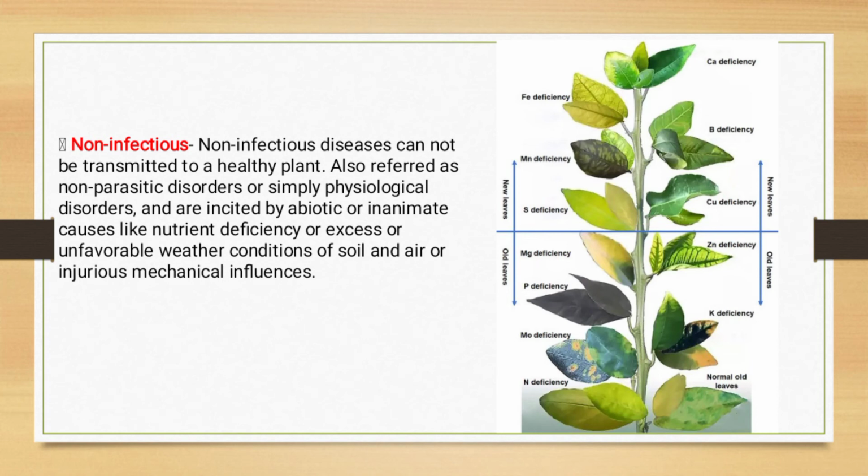Non-infectious diseases cannot be transmitted to the healthy plant, also referred to as non-parasitic disorders or simply physiological disorders, and are incited by abiotic or inanimate causes like nutrient deficiencies or excess, unfavorable weather conditions of soil and air, or injurious mechanical influences.